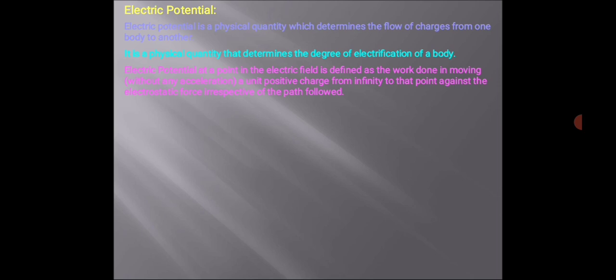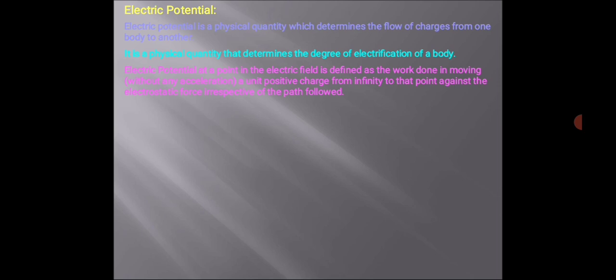So let's elaborate it. Electric potential at a point in the electric field is defined as the work done in moving without any acceleration a unit positive charge from infinity to that point against the electrostatic force, irrespective of the path followed.